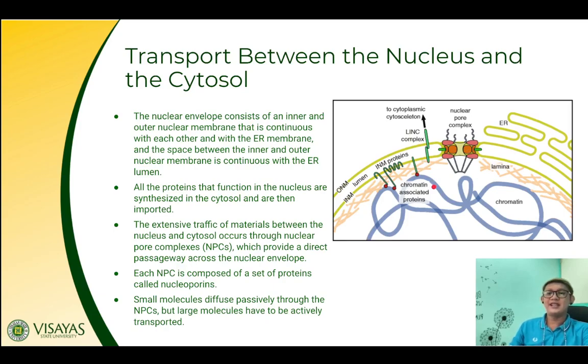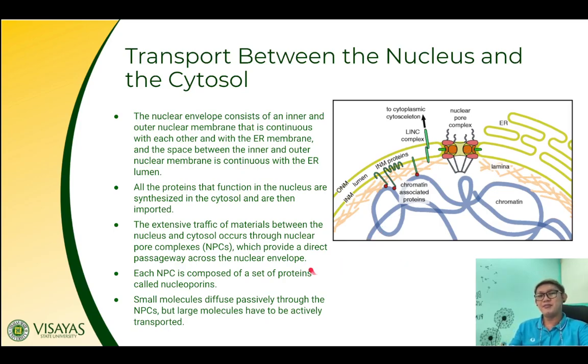The extensive traffic of materials between the nucleus and the cytosol occurs through the nuclear pore complexes, or the NPCs. They serve as the gateway to the nucleus. These provide a direct passageway across the nuclear envelope.